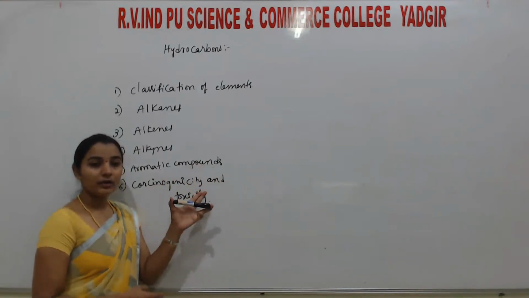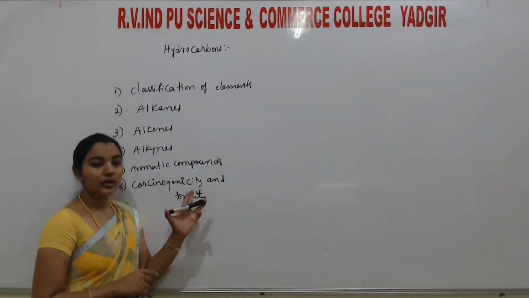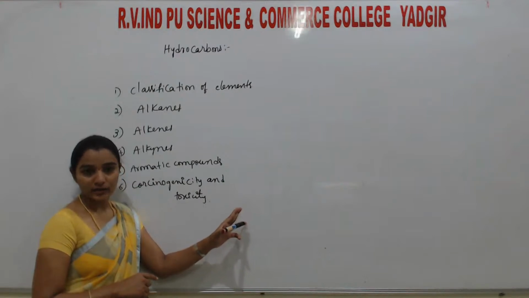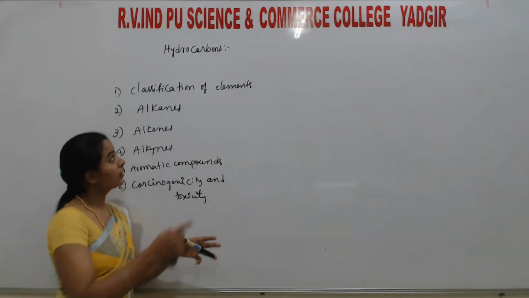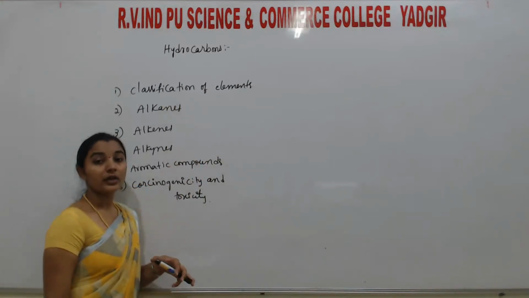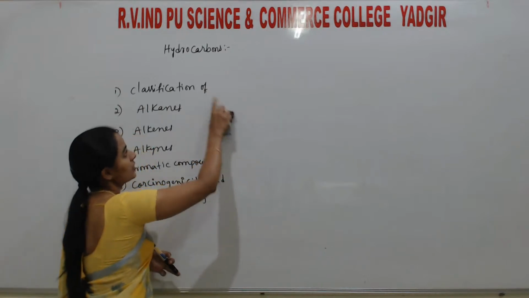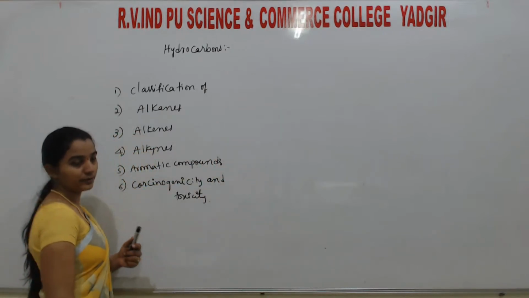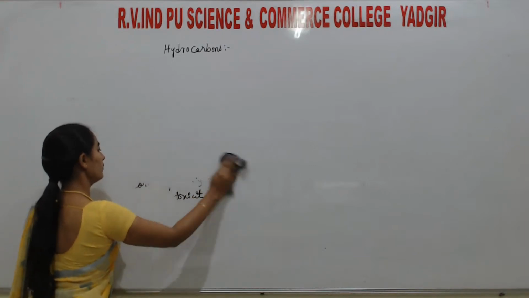In that, element, compound, atoms are there. In compounds, inorganic and organic are there. In organic, again there are types. Here we are going to study the classification of organic compounds. So just take this classification of organic compounds. We will discuss one by one.